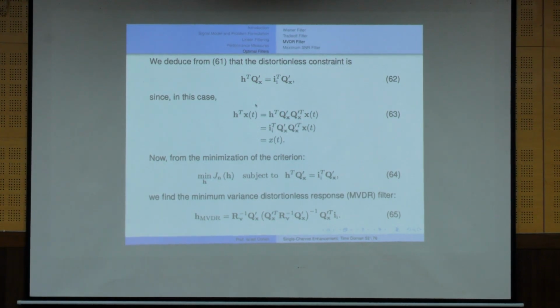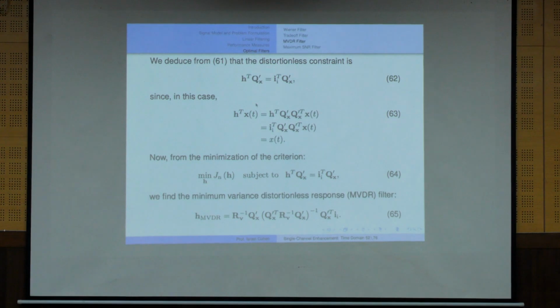But we want the first part to be equal exactly to X, which means that the filtered desired part in the estimate is not distorted. And this is the residual noise, and we want to minimize it.